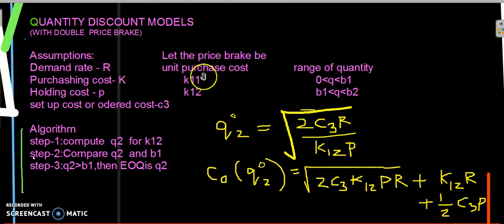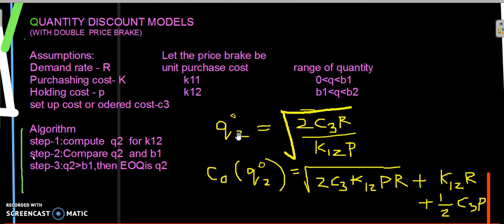Before that, we need an algorithm. In this particular method, there is an algorithm to solve a double price break. What is the algorithm? The first step is that we have to compute Q2 for K12. This is the Q2 formula. In the place of K12, with all other values as they are, we have to calculate Q2.